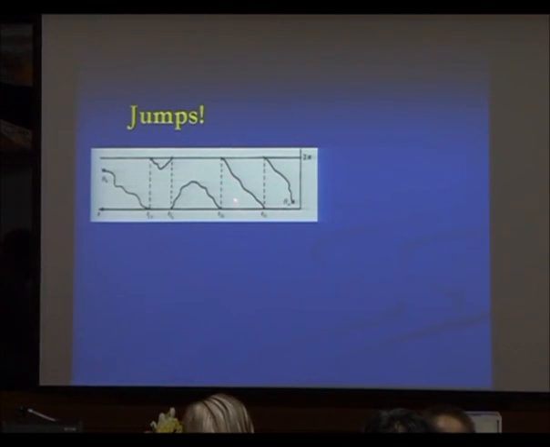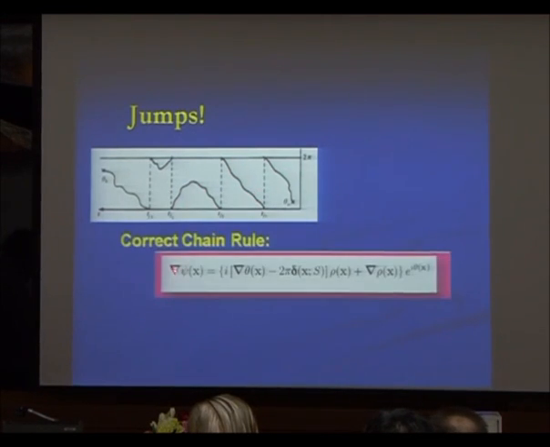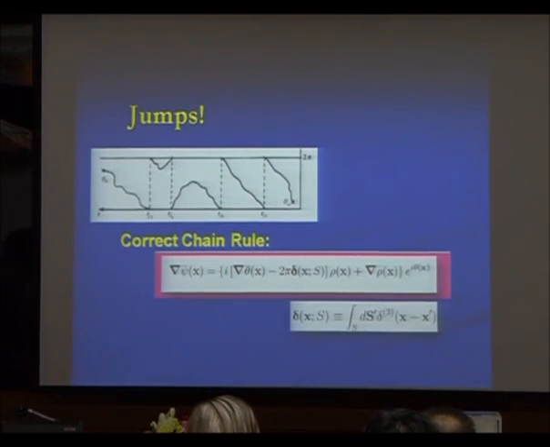The theta field can jump, but e to the i theta is not changing at all. That means you have delta functions here, and these delta functions are responsible for that. You have to change the chain rule and subtract the jumps from it, delta functions of surfaces. And that way, you find a new gauge structure.